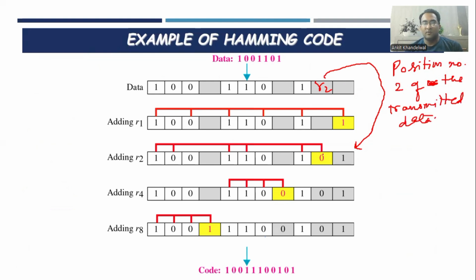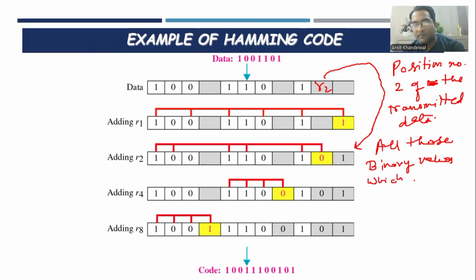So we are going to see all those binary values which are having one at position 2.